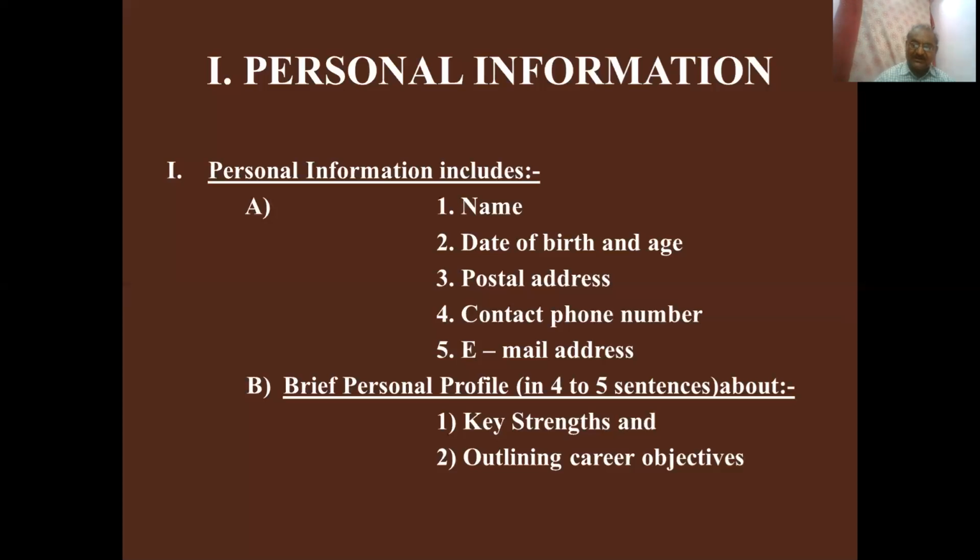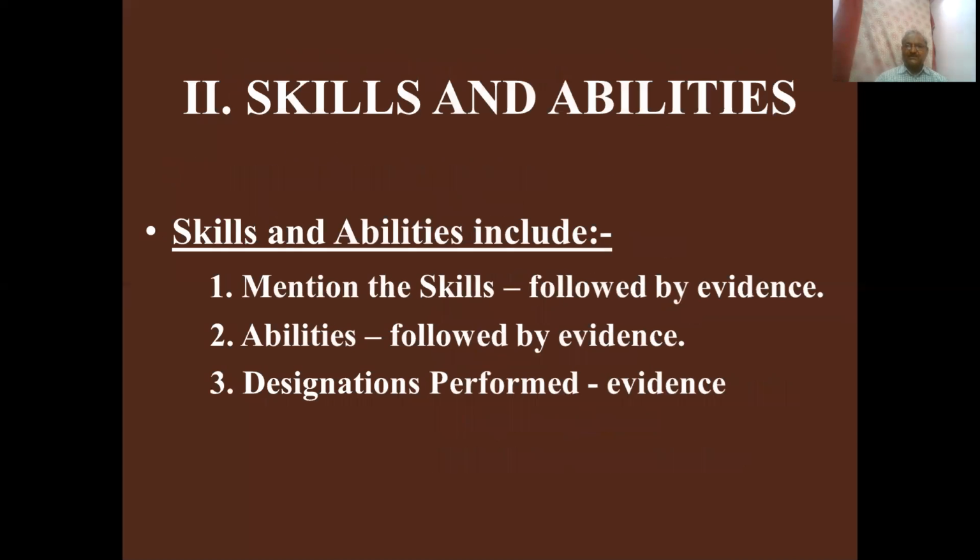So now coming to the next one after the personal profile, the second one is skills and abilities. So what skills you have, what abilities you have. Mention the skills.